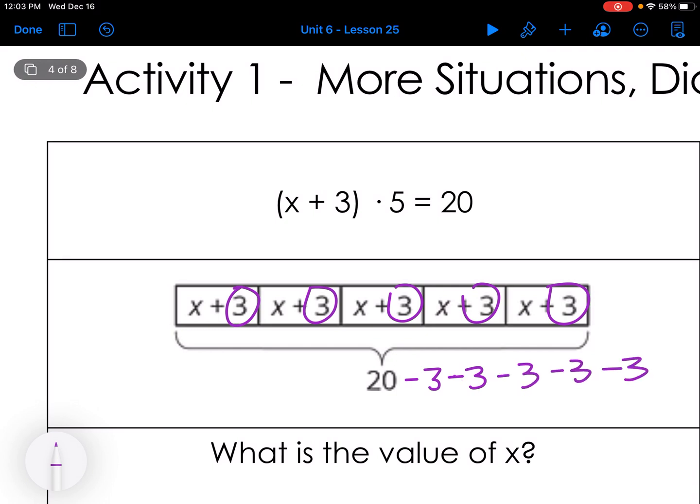I'm going to subtract 5 groups of 3. So that would be 15. 20 minus 15 leaves me with 5. And then I have 1, 2, 3, 4, 5 x's. So each x is equal to 1, because 5 times 1 is 5.